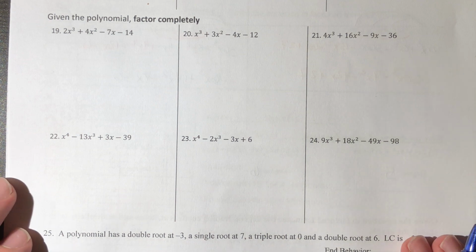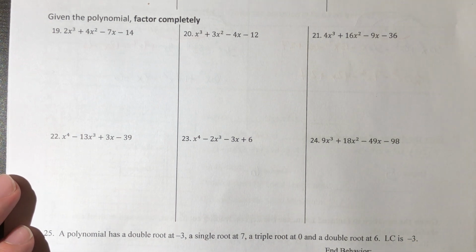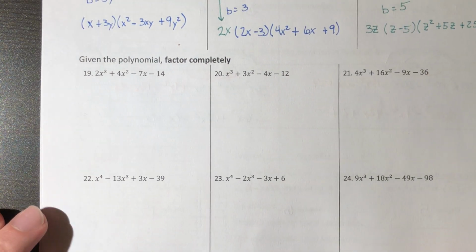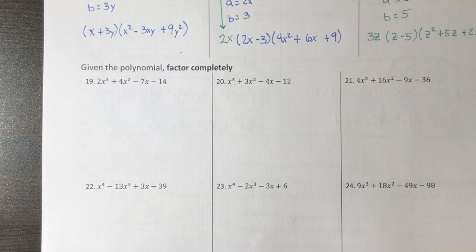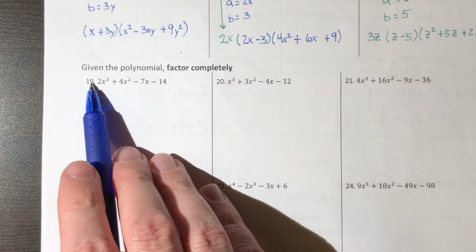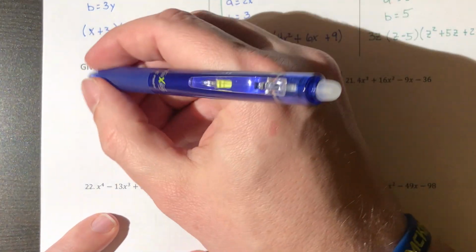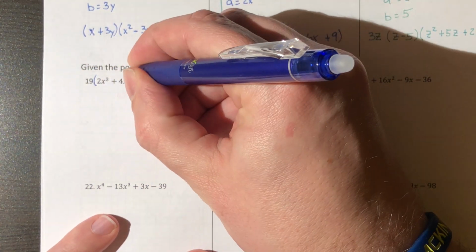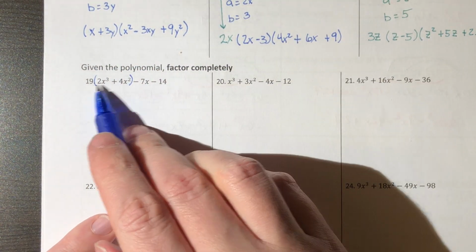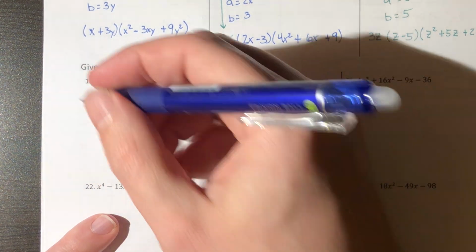If you've got 4 terms, that's a good sign that you're going to be factoring by grouping. Anytime you factor by grouping, you still want to look for a greatest common factor if there is one. Here, I don't have one, so I group my first 2 together. I look, what can I pull out from both of those?